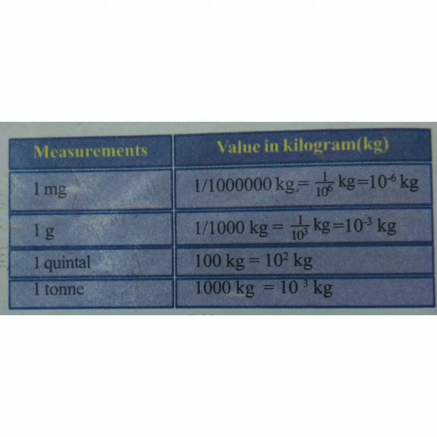Two other units that are greater than kilogram are given too. 1 quintal is 100 kilogram or 10 raised to 2 kilogram, and 1 ton is 1000 kilogram or 10 raised to 3 kilogram. We can convert these units into each other just like we did in the case of length.